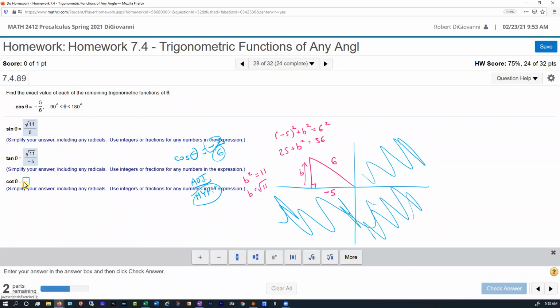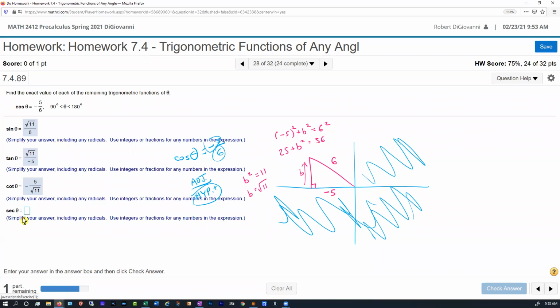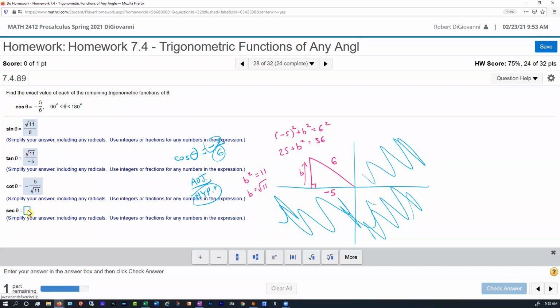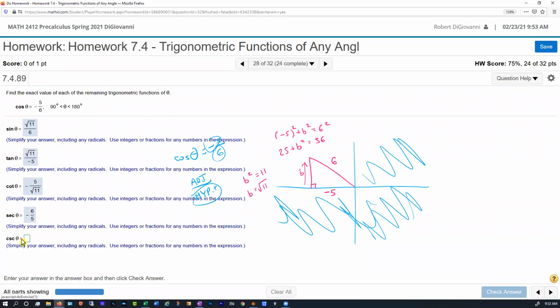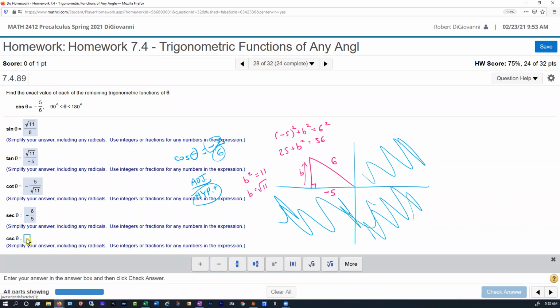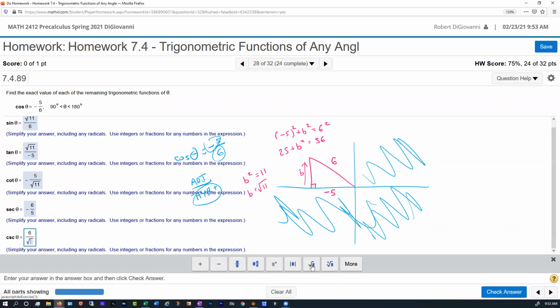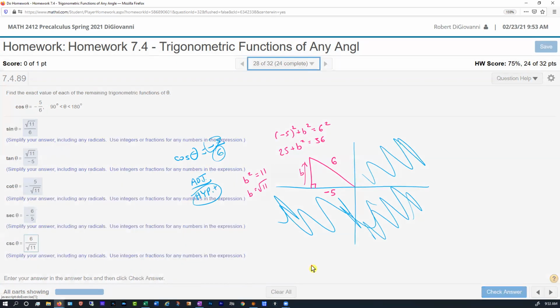Cotangent is just that flipped over. Secant is just cosine flipped over, but they gave us cosine, so that's going to be easy, -6/5. And cosecant is just sine flipped over, so 6 over √11. There we go.